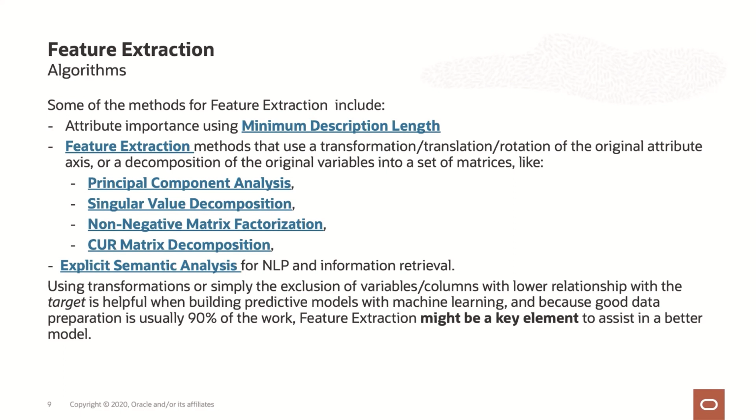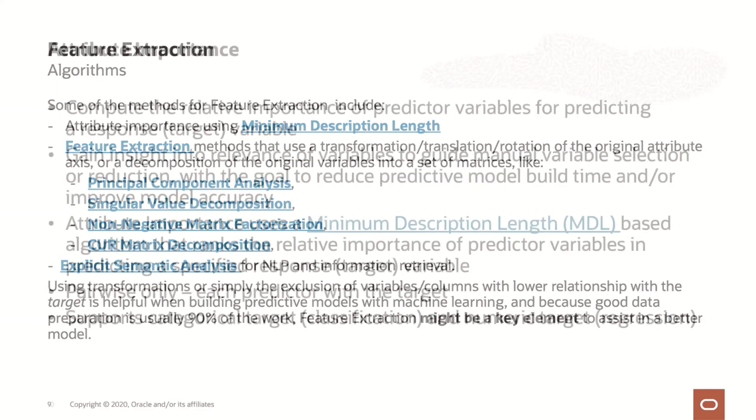So the idea is that using these transformations, or simply excluding variables that have low relationship with the target you're looking at, is always helpful to build predictive models. And because good data preparation is normally 90% of the work, and the actual machine learning modeling is really the end of the entire process, you would probably see that feature extraction might be a key element here.